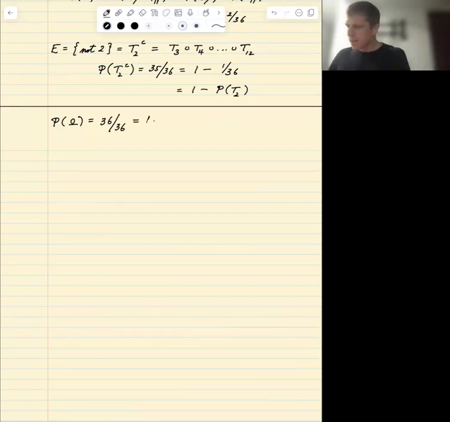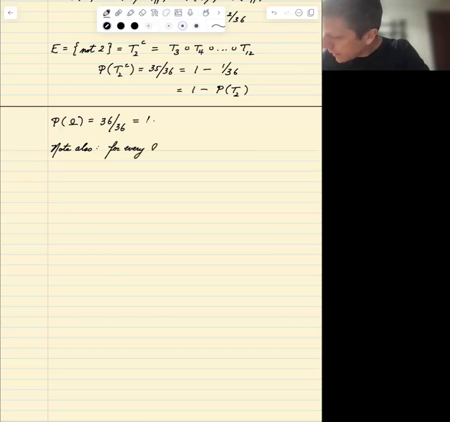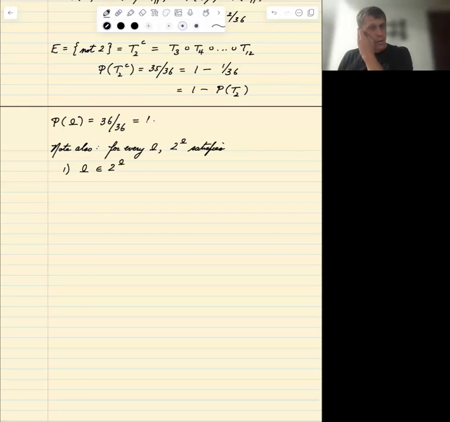Note also a couple other things. For every omega, 2 to the omega satisfies, so the set of all subsets satisfies a few general rules. It contains omega, so omega is a subset of itself.